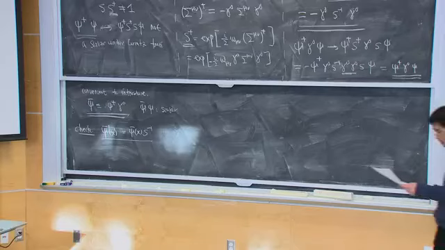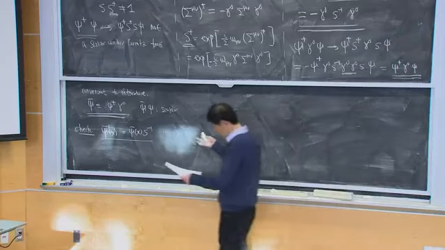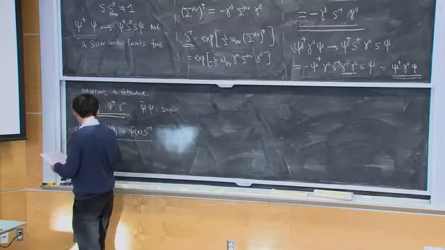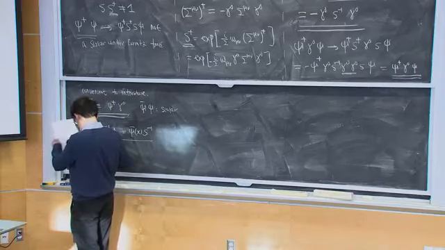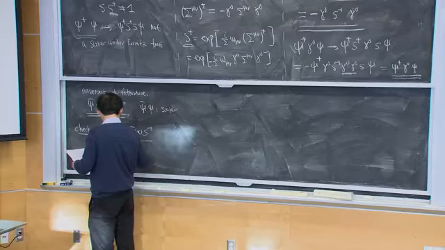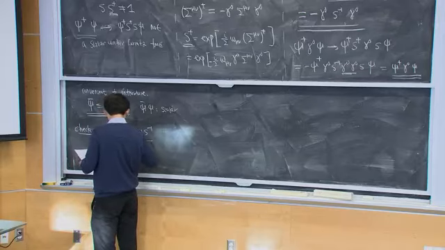Similarly, using this transformation of gamma mu partial mu, you can also check that gamma mu partial mu prime psi prime x prime equals S gamma mu partial mu psi.